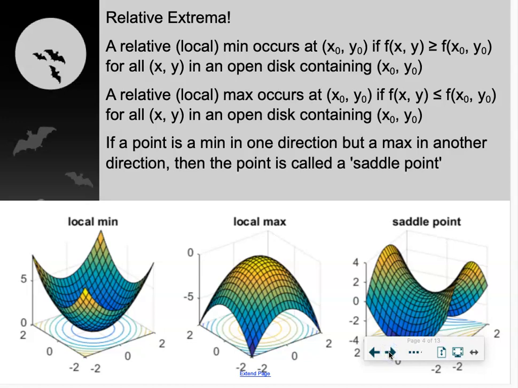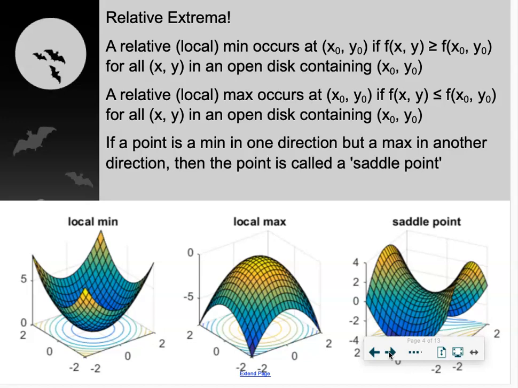But today we're going to talk about relative extrema. There are 3 things that can happen when we're talking about relative extrema. We can have a relative min, we can have a relative max, or we can have what's called a saddle point.